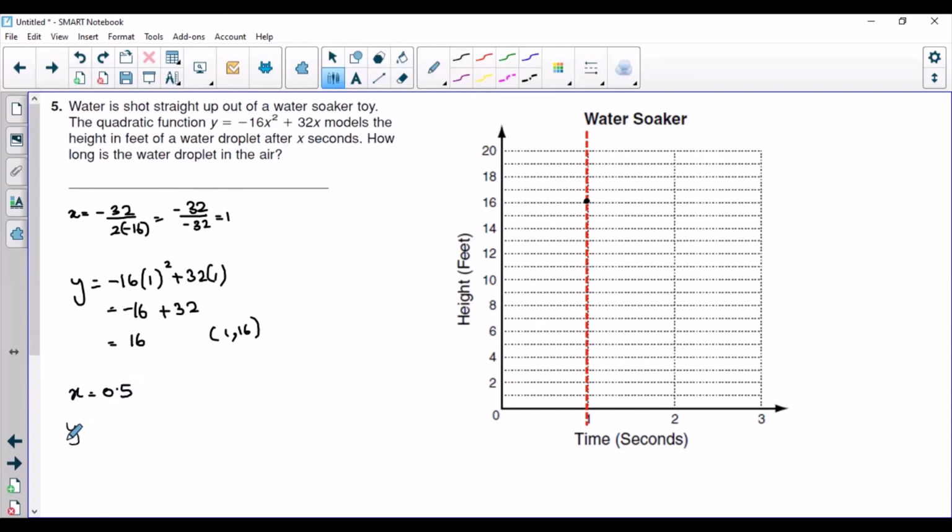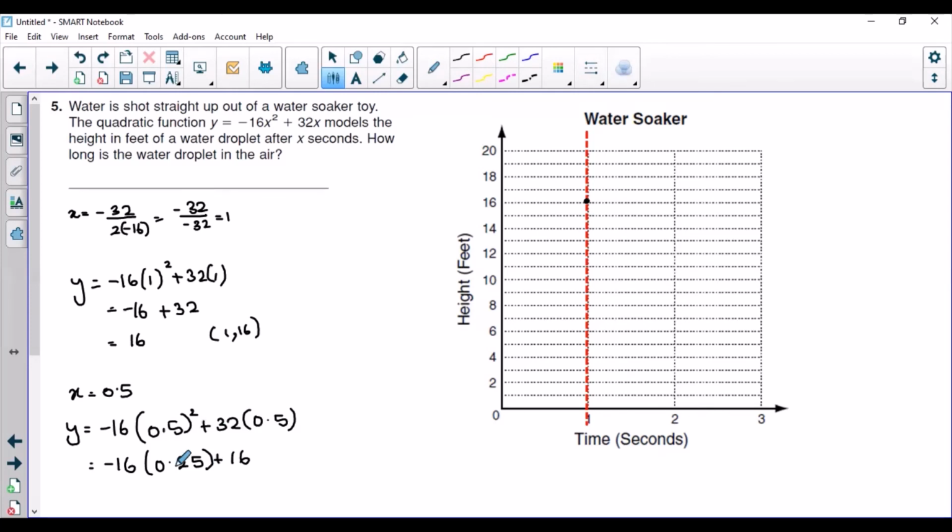Just substitute the value: negative 16 times 0.5 squared plus 32 multiplied by 0.5. So 0.5 squared would give you 0.25. Negative 16 multiplied by 0.25 plus 32 multiplied by 0.5, which gives 16.